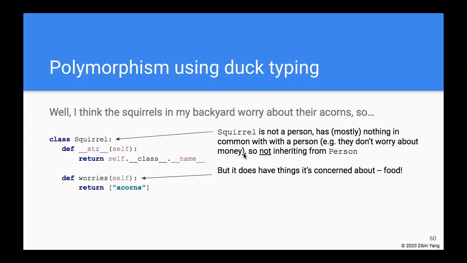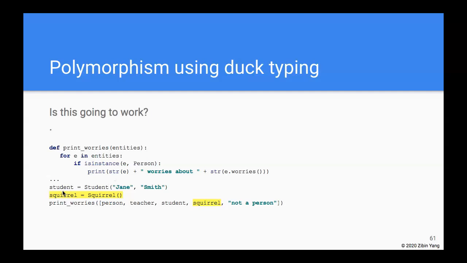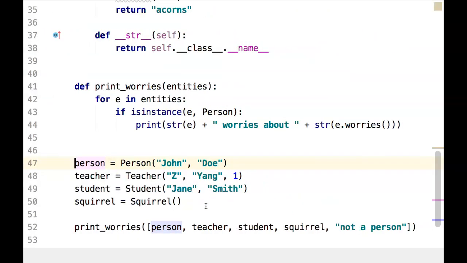However, squirrels, like I just said, have their worries. So for the squirrel class, I can define a worries method that returns a list of things that squirrels worry about, acorns. And now if I instantiate a squirrel and add that to the list of entities that I pass to print worries, do you think that we're going to print out the worries of our squirrel?